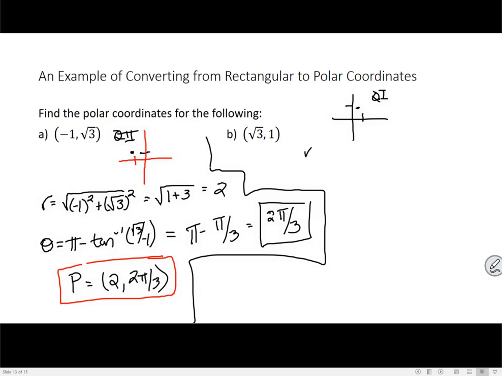Alright, so now I'm going to find R. R is going to be the same as it was for part B. So that's root 3 squared, I just changed the order a little bit, now plus 1 squared, and that equals root 4, which is 2.